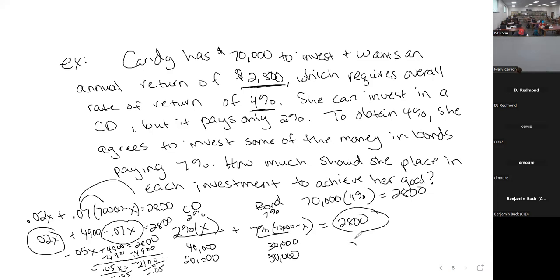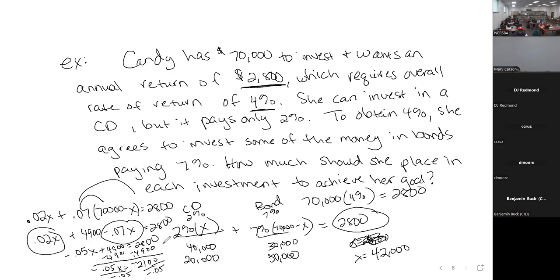And then you should end up with 28,000, right? I don't have my calculator with me. Oh, 42,000, sorry. So this negative 2,100 divided by negative 0.05 is 42,000.